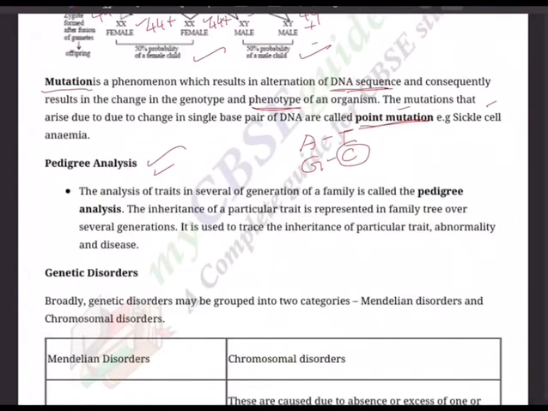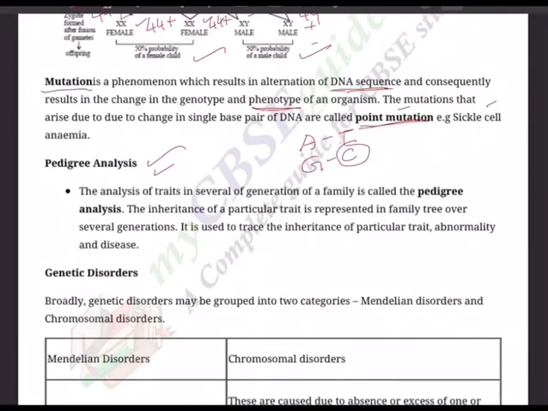Pedigree analysis is useful in many ways. It helps to fill up the possible genotypes by knowing the phenotypes only. It helps to study the pattern of inheritance of a dominant or recessive trait. The possible genetic makeup of a person for a trait can also be known with the help of a pedigree chart.